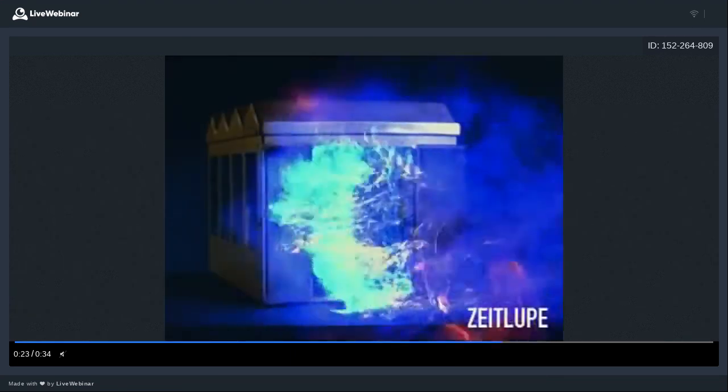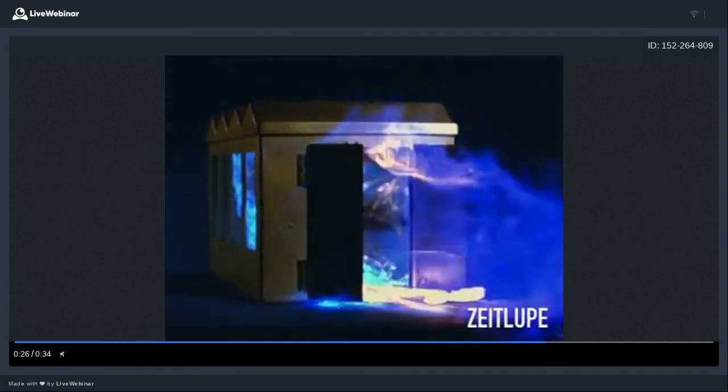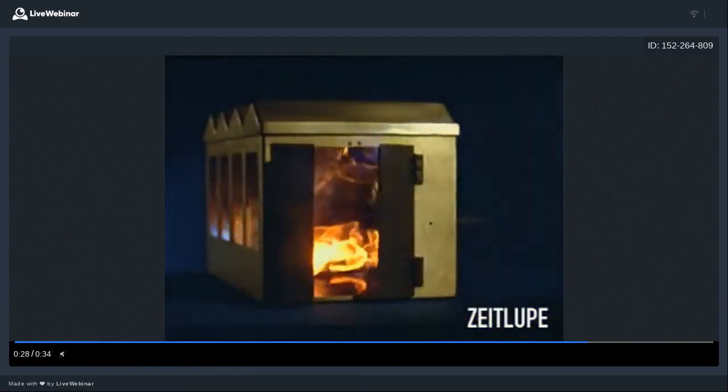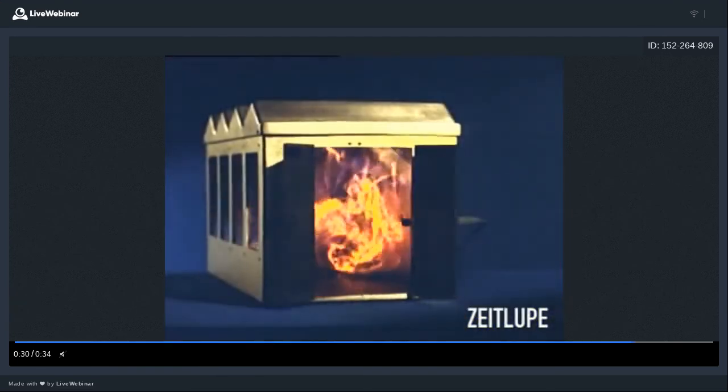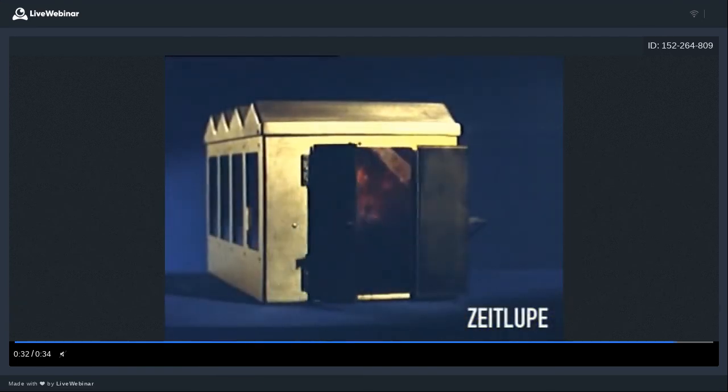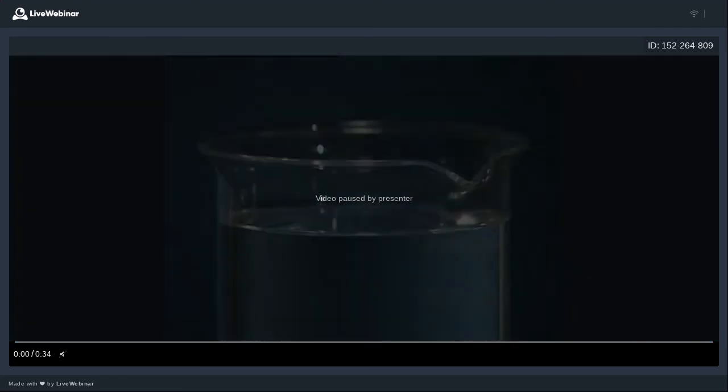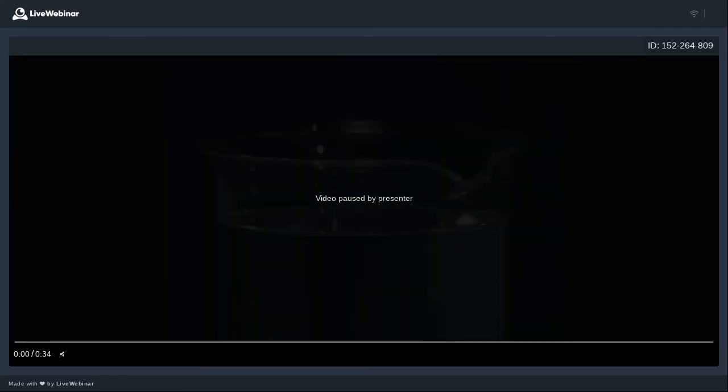But see, at the beginning, when it was open, there was fire. And when we enclosed this experiment in a house, what happened was an explosion.